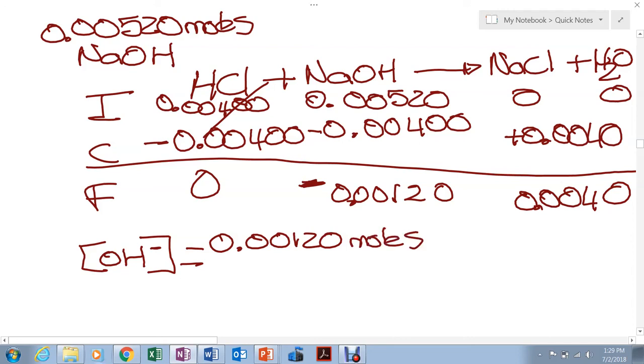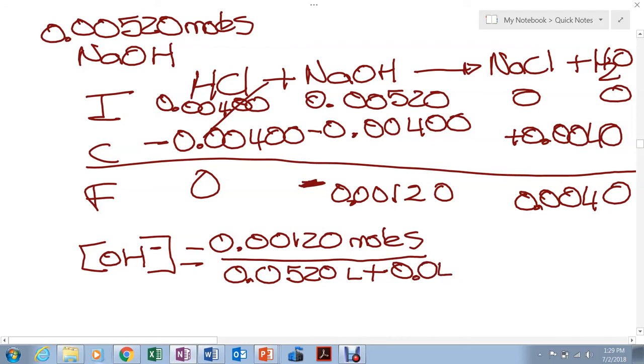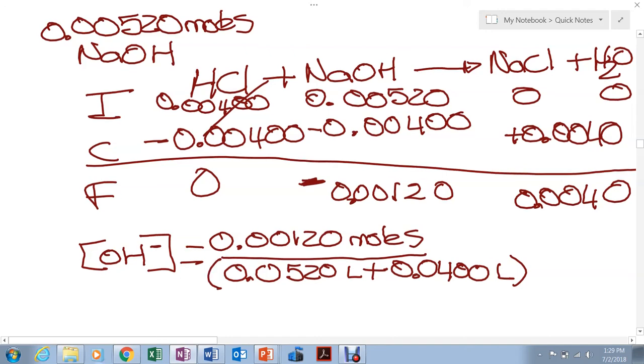What would the total volume be here? You add 52.00 milliliters, which is 0.0520 liters, plus what you had initially of the acid, liters.